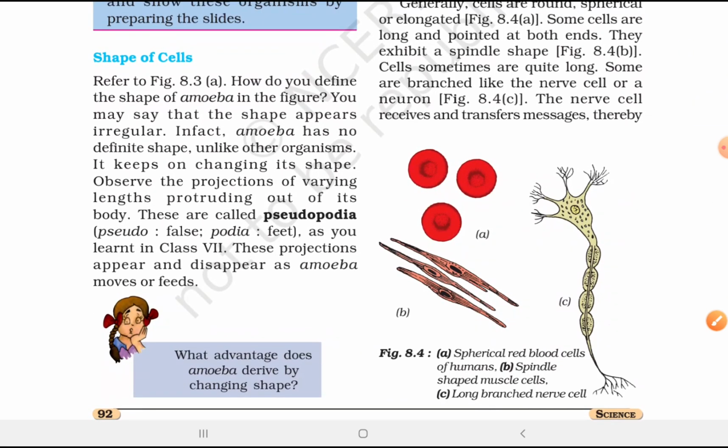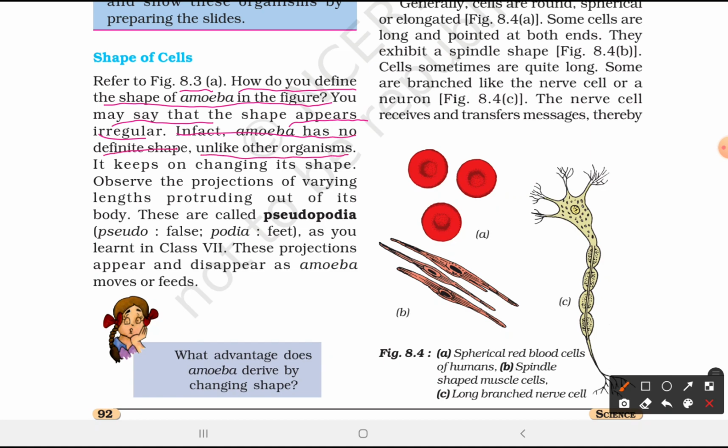The shape of the cells. Refer to figure 8.3a. How do you define the shape of an amoeba in the figure? You may say the shape appears irregular. In fact, amoeba has no definite shape, unlike other organisms. It keeps on changing its shape.